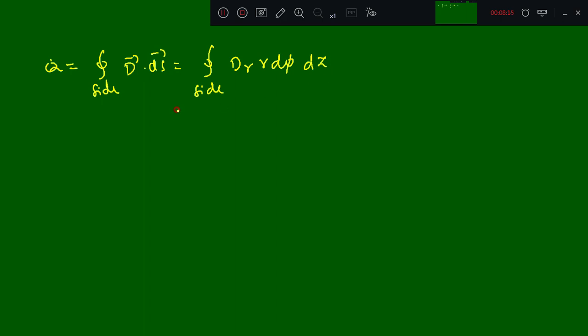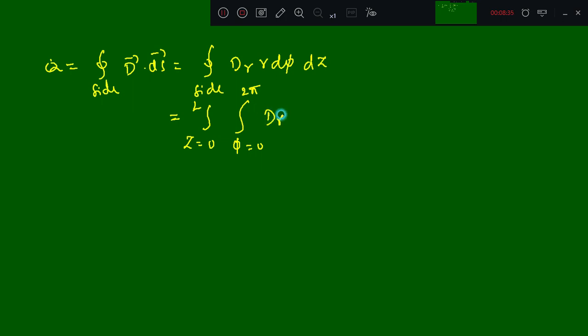Z will range from 0 to L, the length of the cylinder. Phi will range from 0 to 2 pi because it is circular.